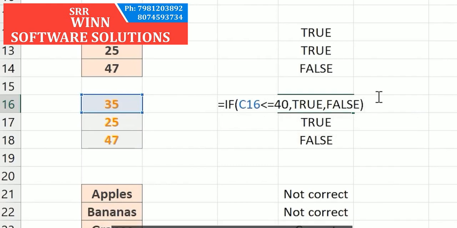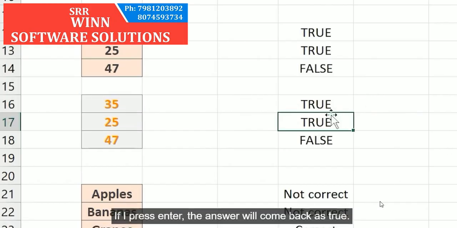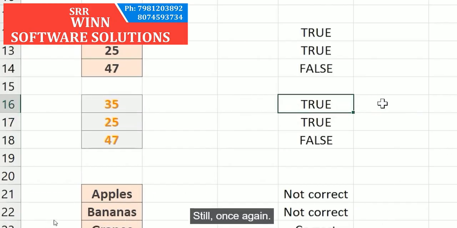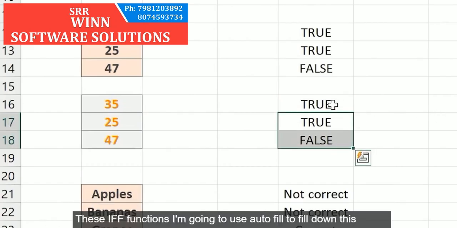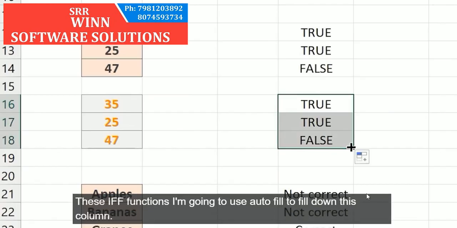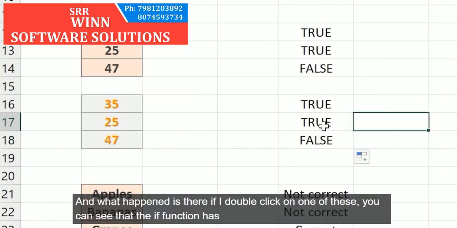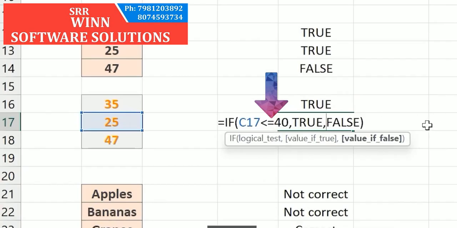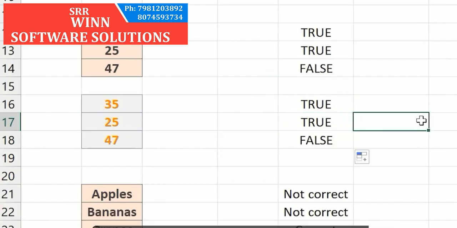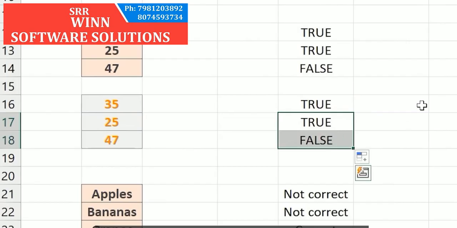If I press enter, the answer will come back as true, once again. And now, without having to delete these answers here, these IF functions, I'm going to use autofill to fill down this column. And if I double click on one of these, you can see that the IF function has changed. So I've basically just overwritten the previous IF functions.